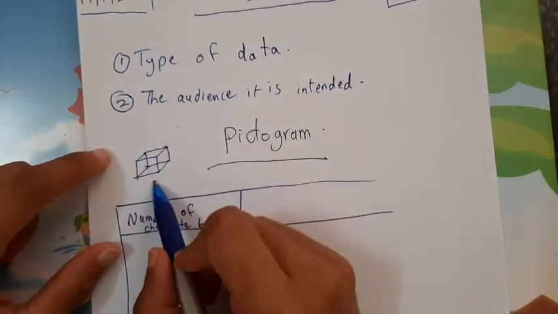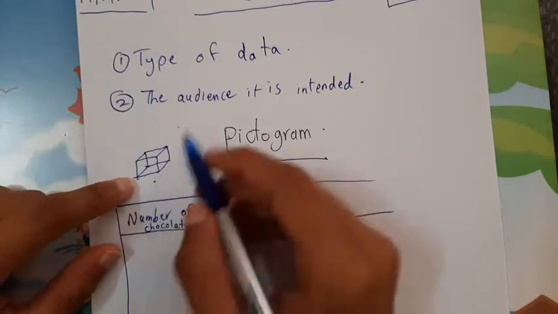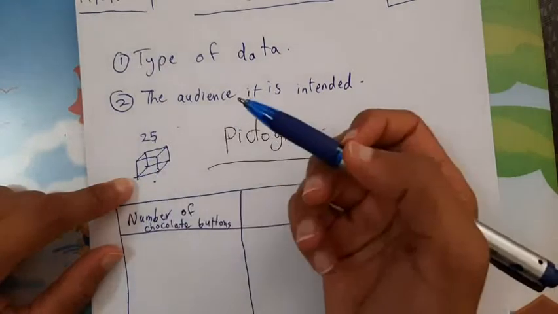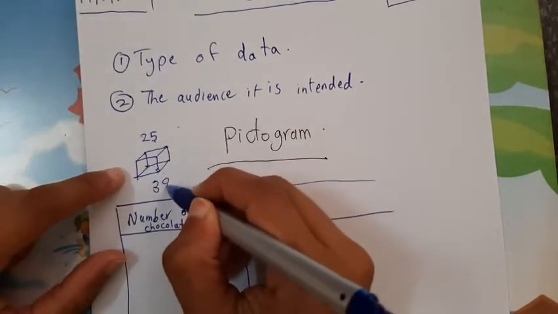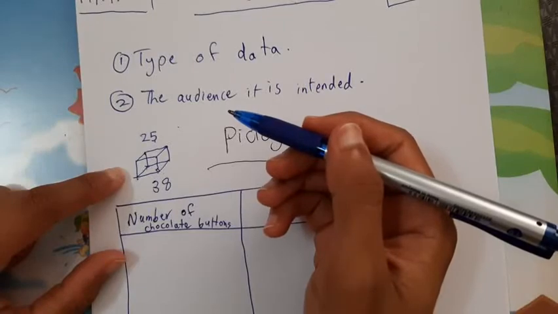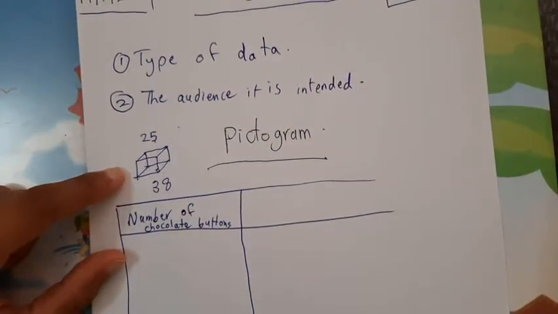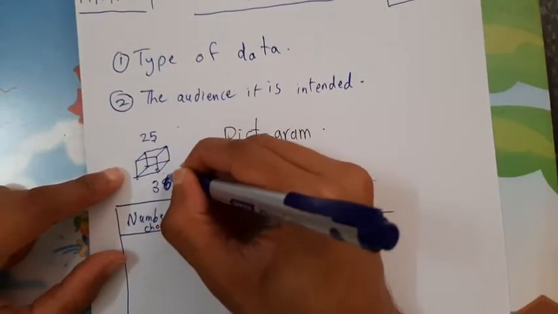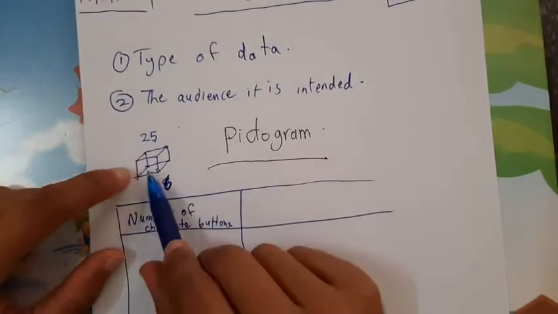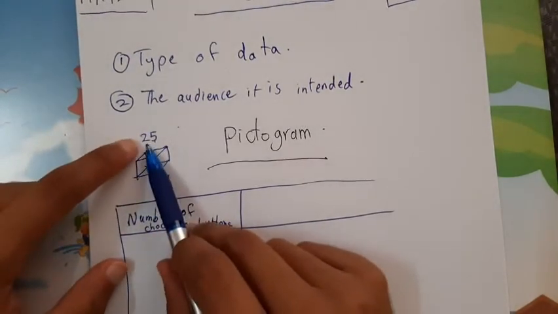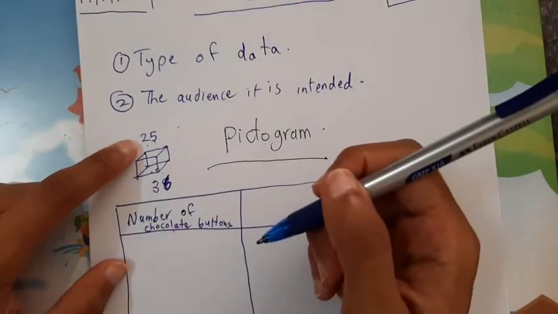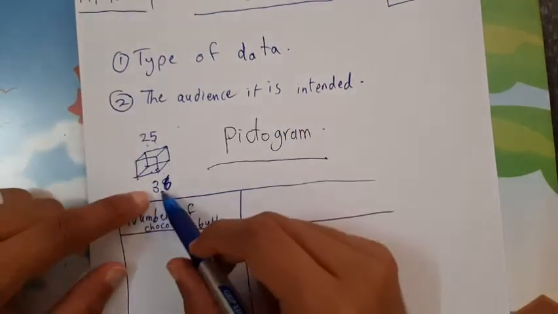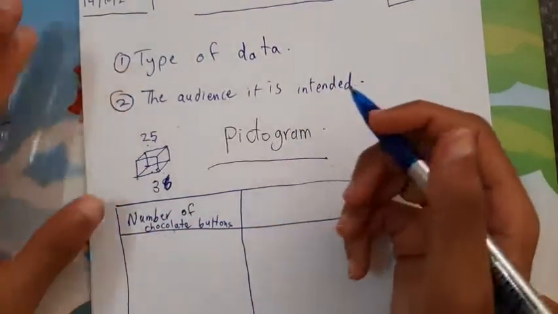The manufacturer checked 25 packets to check if there are 36 chocolate buttons in each packet or not.